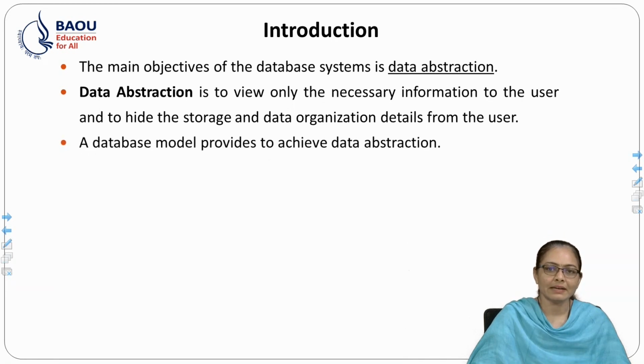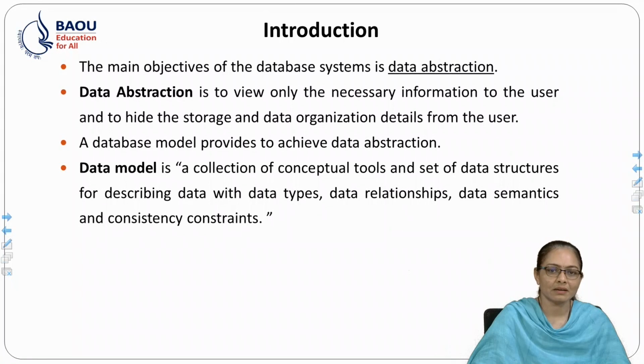Now, the database model helps to achieve the data abstraction. Then, what is a data model? A data model is the collection of conceptual tools and a set of data structures for describing the data with the data types, data relationships, data semantics.